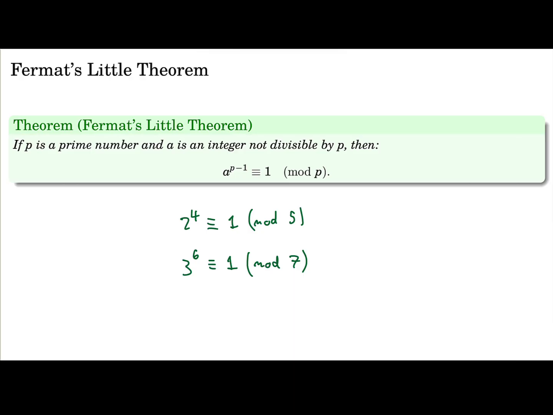I mean, this is just what it means. But let's see a short proof, or at least a sketch of the proof of why this is the case. Here we want to show that a to the p minus 1 is congruent to 1 mod p.